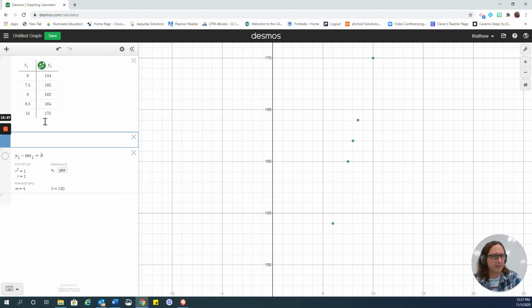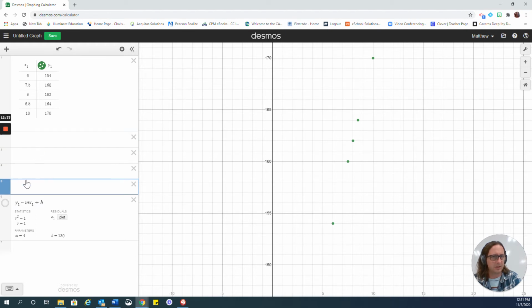There you go. Stupid thing gets in my way. I can't figure out how to make it move. Okay, there's my least squares regression line for this one. Whew, it's going right through the points. There are no residuals. Okay, so what's the correlation coefficient for this one?